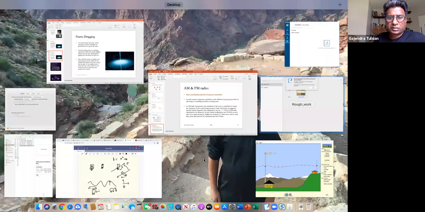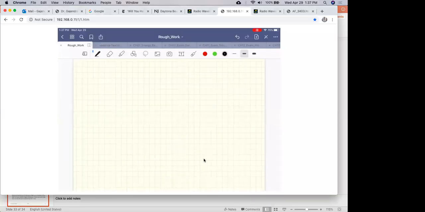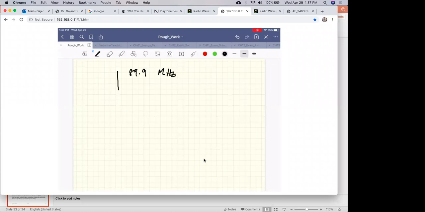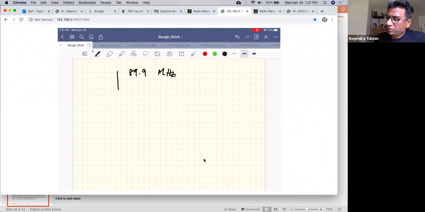So let's say 89.9 megahertz is the public radio signal. Okay, so there's the frequency. You're packing information on that frequency, and what that is saying is you are able to alter the signal by 100 kilohertz, which is plus or minus 0.1 megahertz.